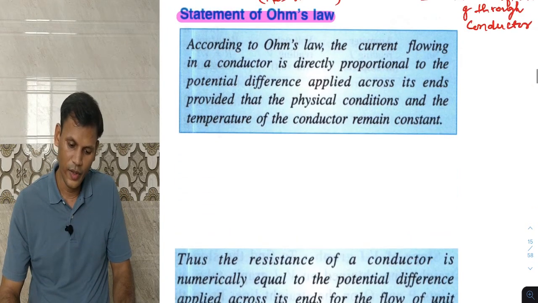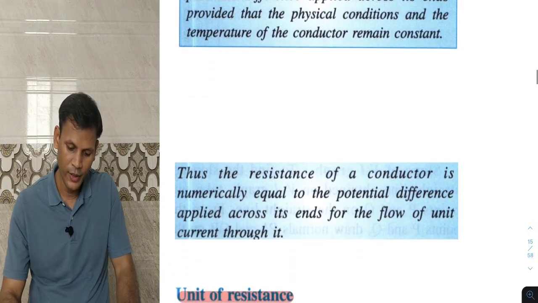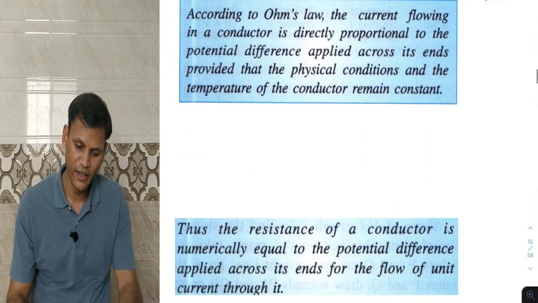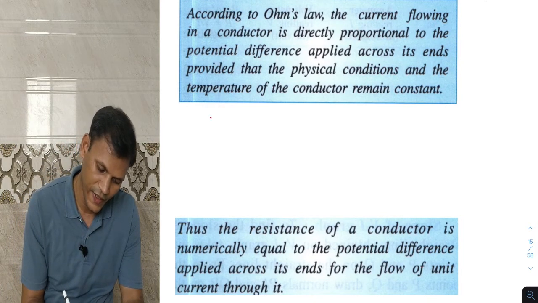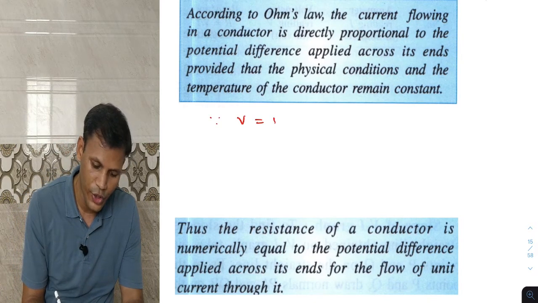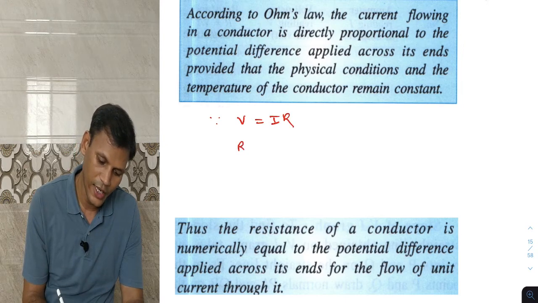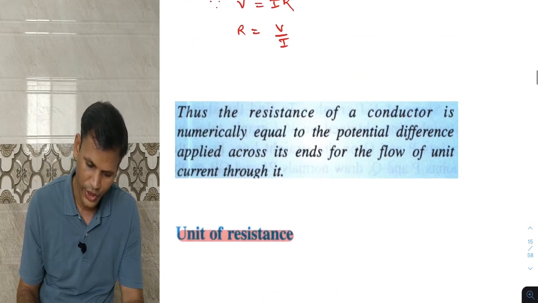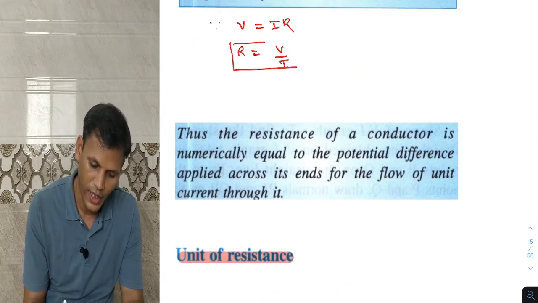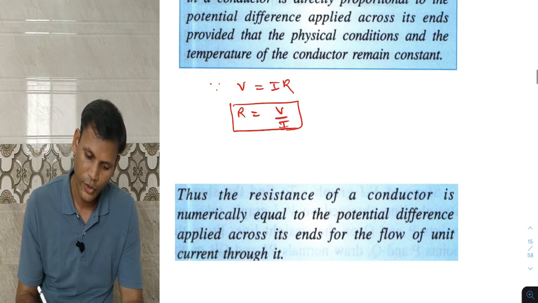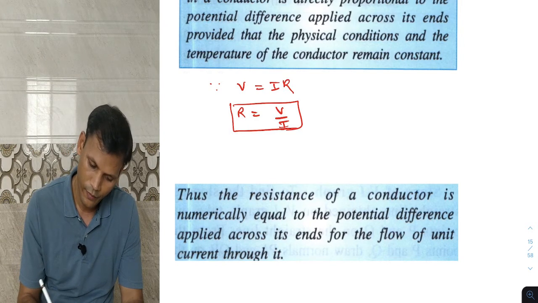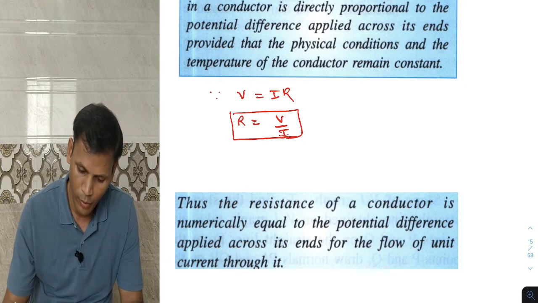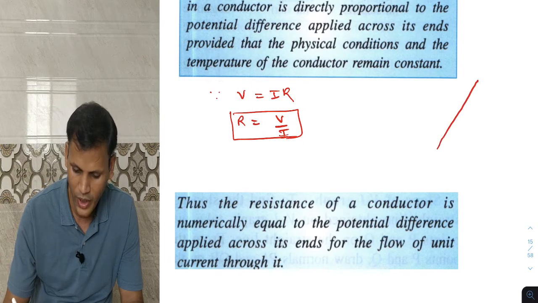Okay, so the statement we have already mentioned. Since Ohm's law is V equals IR, R will be V by I. The unit we will write later on. So R is V by I, resistance is equal to voltage upon current. We can understand this by one more thing. I will draw one triangle.